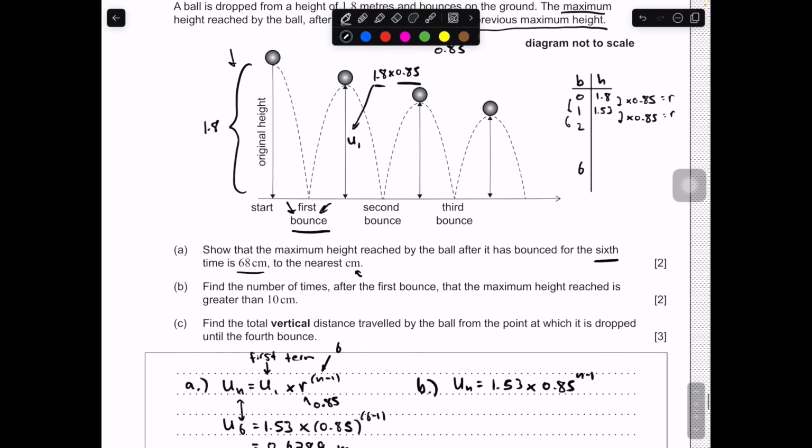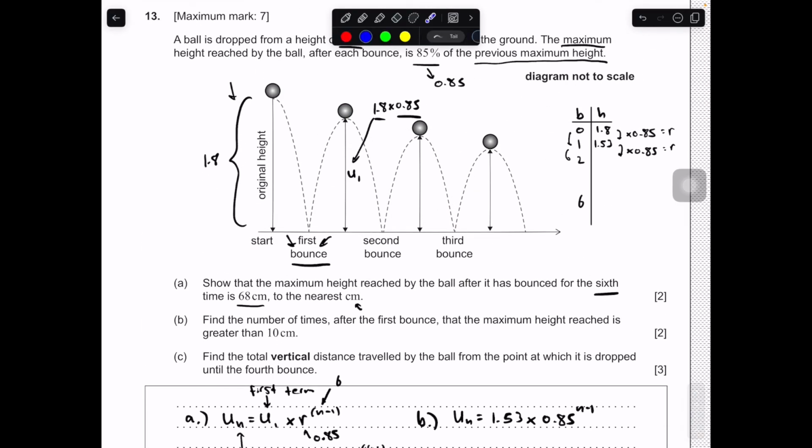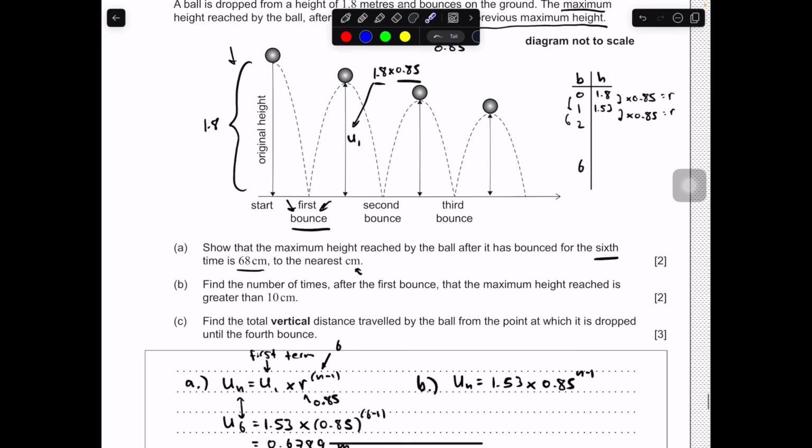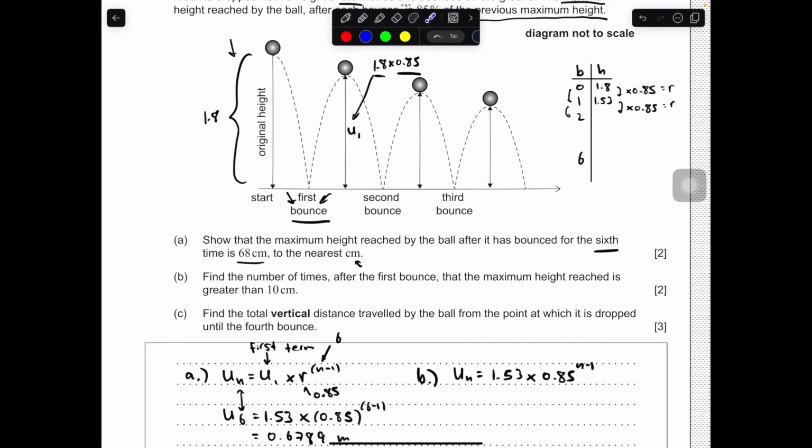centimeters. So if we look at this, every single bounce it goes less and less. We want to find the number of times that this bounces such that the maximum height reached is greater than 10. So we know it's going to get less and less, but what is the number of bounces that we can possibly have where the bounce height is still just greater than 10?